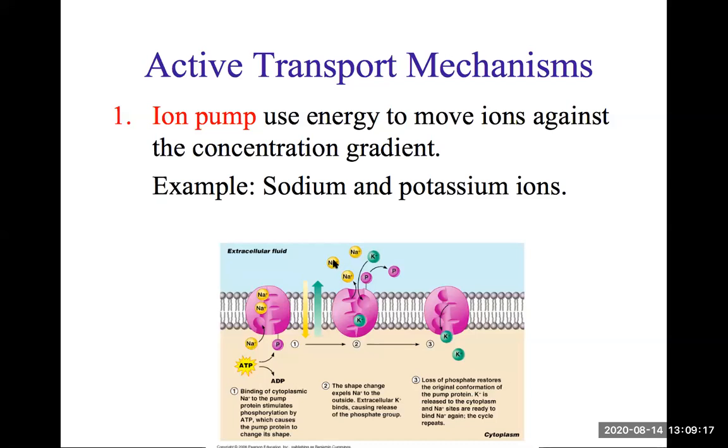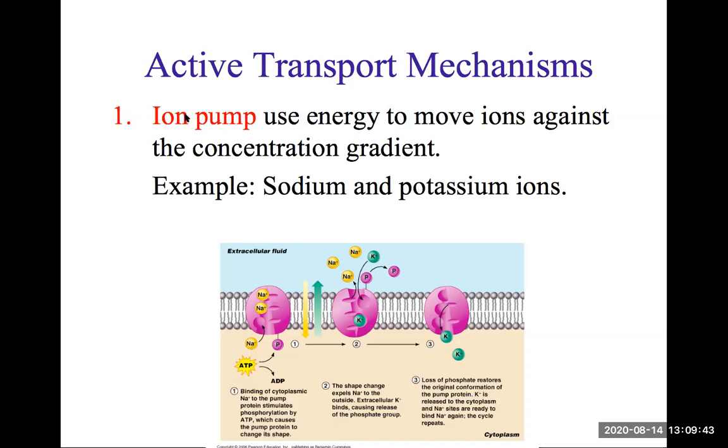Okay, so these have a positive charge because each of them has lost an electron, and these will be moving across the plasmalemma. You will talk about how and why these move a lot in physiology. There's a lot of material on ions in physiology, but for right now, I'm just going to explain the basics of how ions can move.